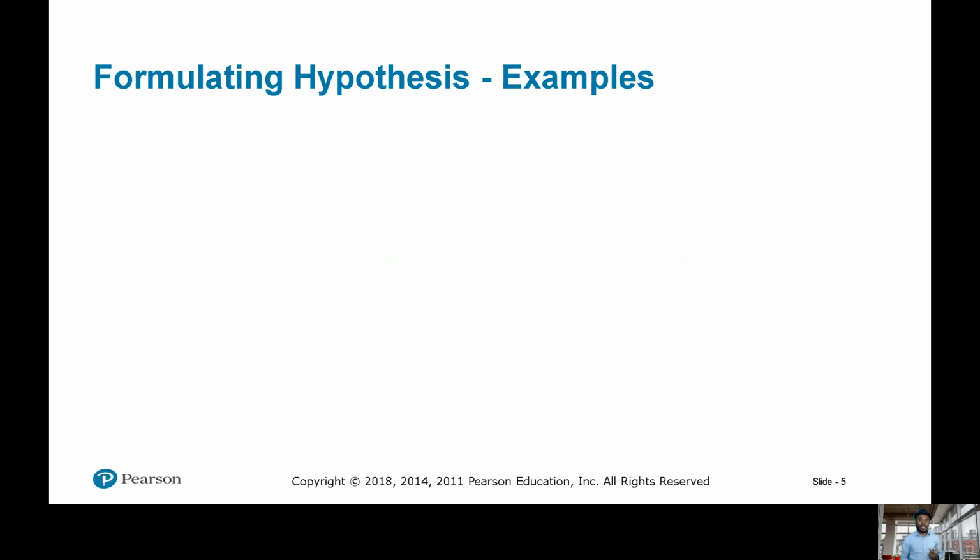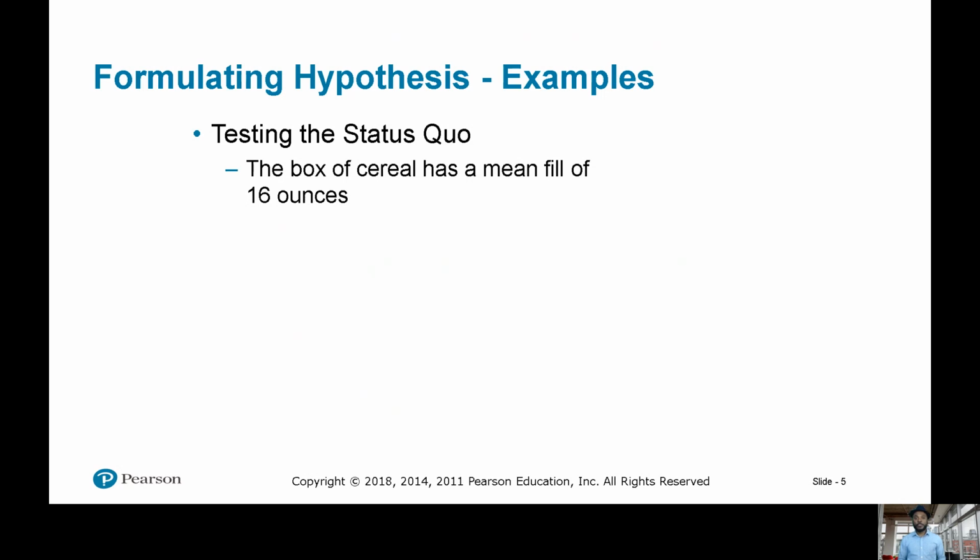How do we formulate hypotheses? Let's start thinking about this. Take, for example, we're testing the status quo, and we have a statement here that says the box of cereal has a mean fill of 16 ounces. That could be true or false. That's a statement.